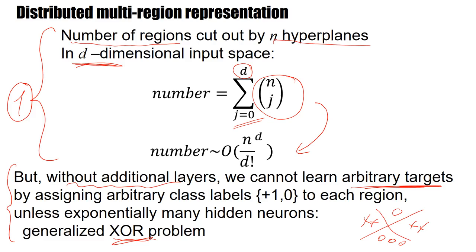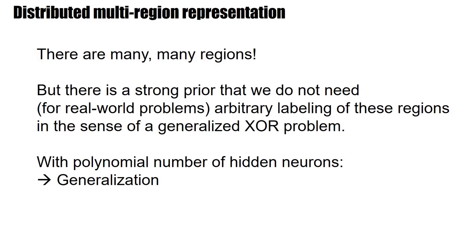You have to take an extra layer to resolve this classification task. So there are many regions, but there seems to be, in real-world problems, a strong prior that we do not need arbitrary labeling of these regions, so that with a polynomial number of hidden neurons, we get good generalization.